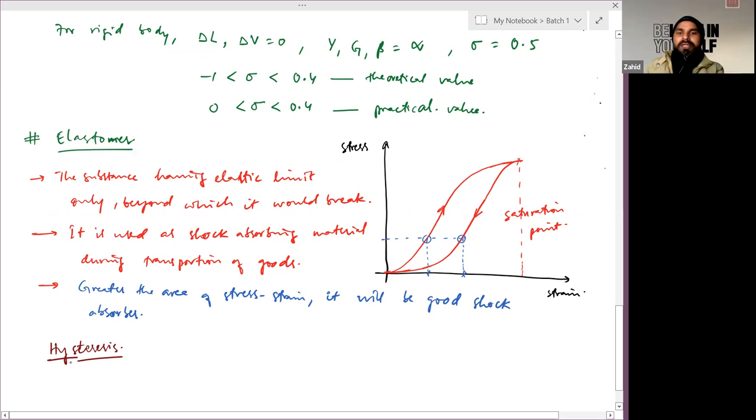Since we are defining it for any particular object, this hysteresis is also called mechanical hysteresis. Hysteresis is a lagging behind property.